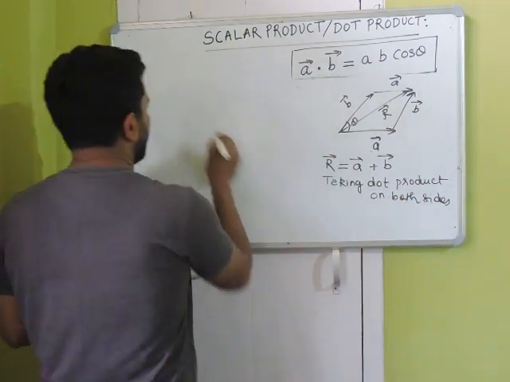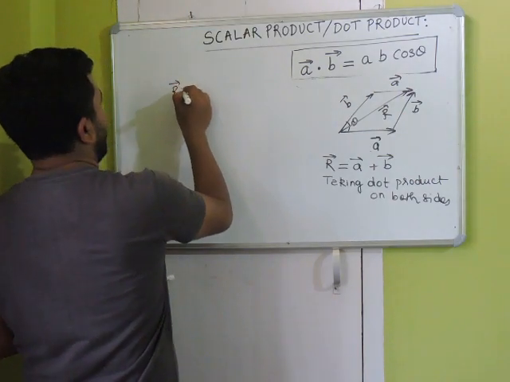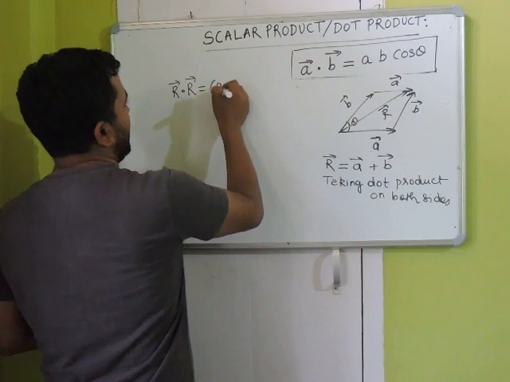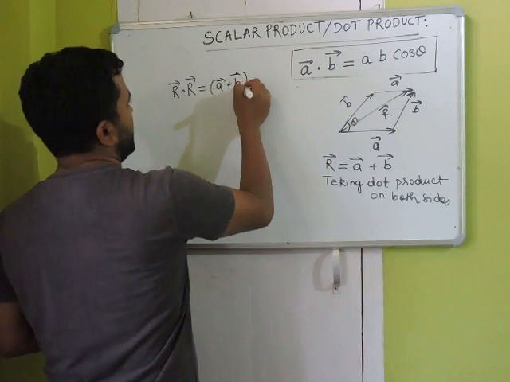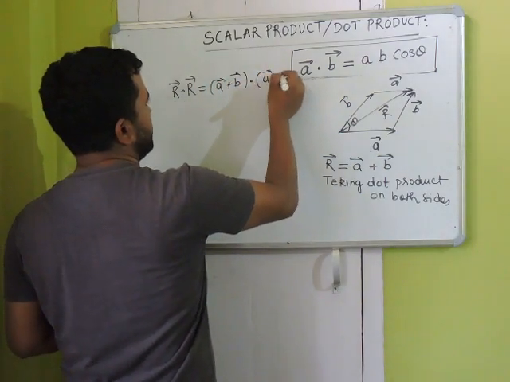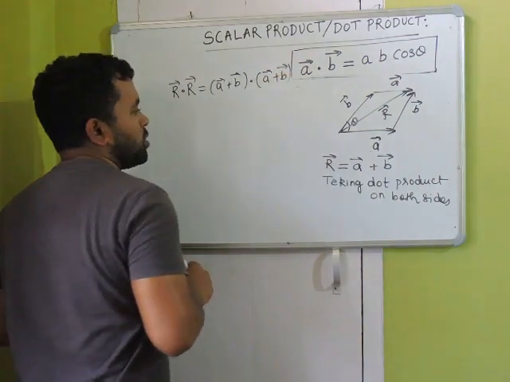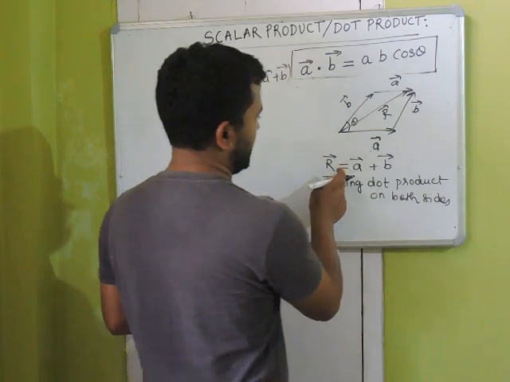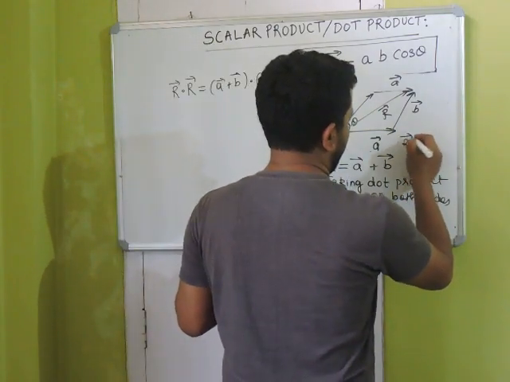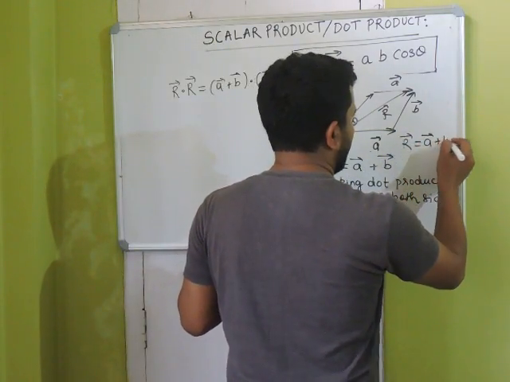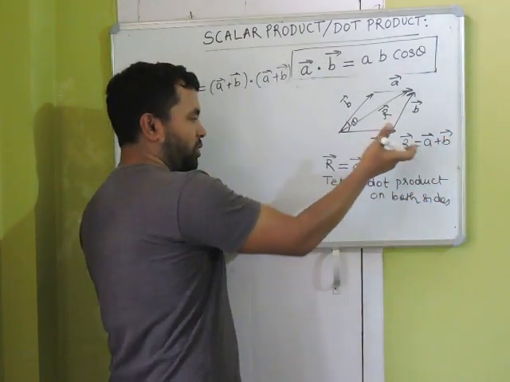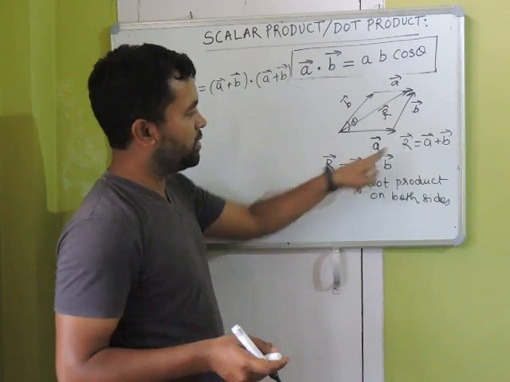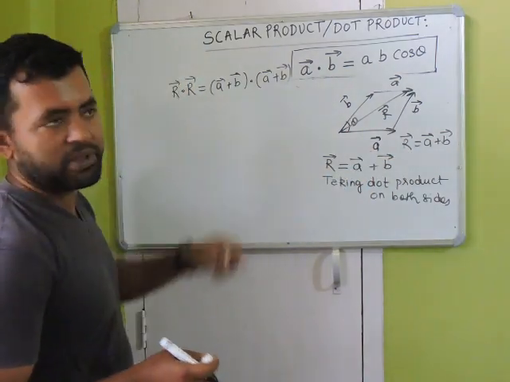So if I take dot product on both sides, I will get r dot r, and this will be a plus b dot a plus b. Of course they are the same vector, but we are taking dot product of this and this together.